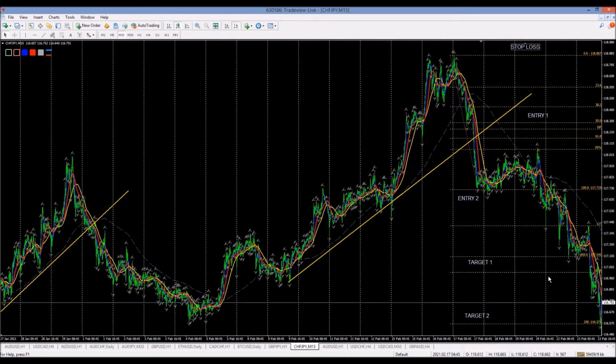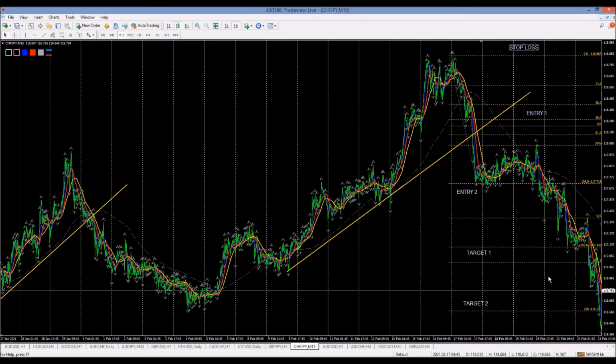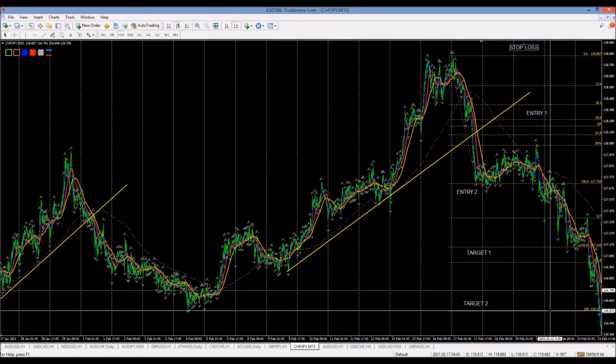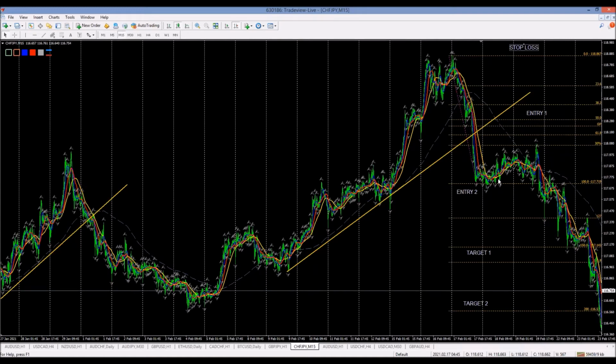Boom. Yep, target 2. Oh, it's gone beyond target, but hey, that's profit at target 2, isn't it? It all depends on how you traded this. That's 114 from entry 2. Oh, it would have been beautiful if it got in from entry 1, but we only got it from entry 2. So it was your choice, really.